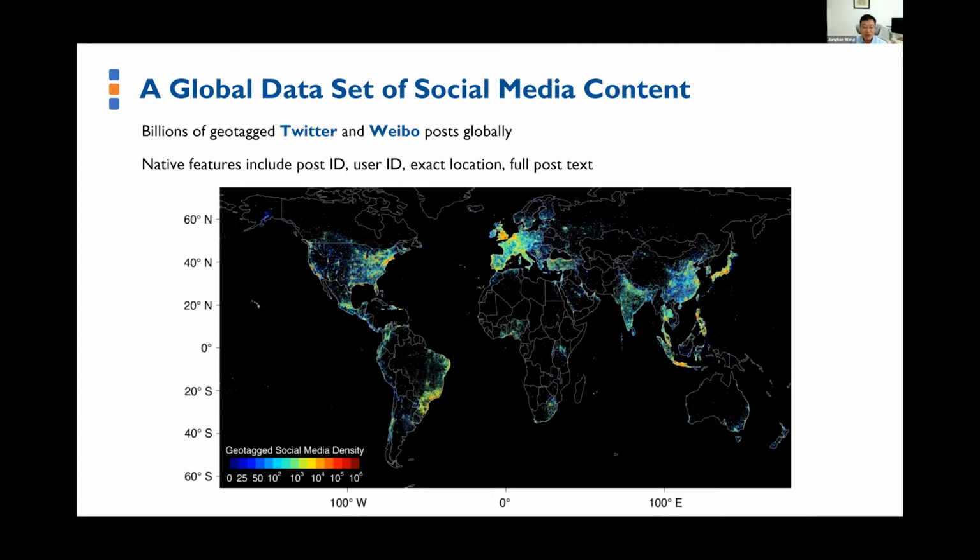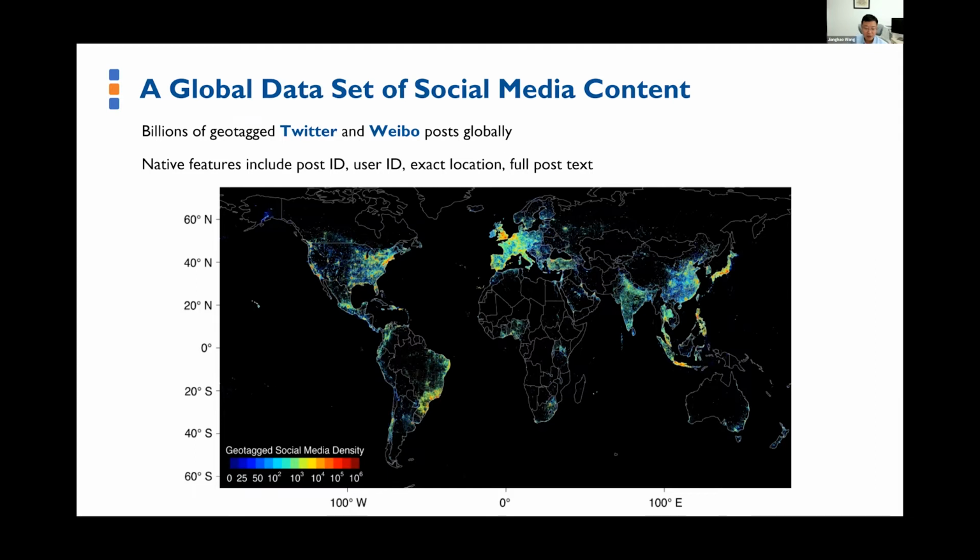Another valuable piece of information is their exact locations, because my research is mainly conducted in space. So the exact location, for example longitude and latitude, and their administrative information is valuable for me to study spatial temporal phenomena.